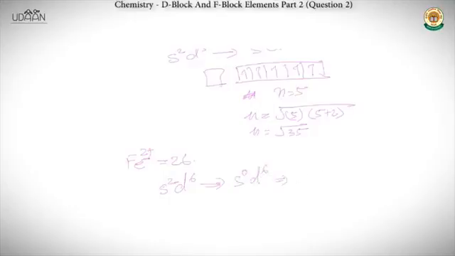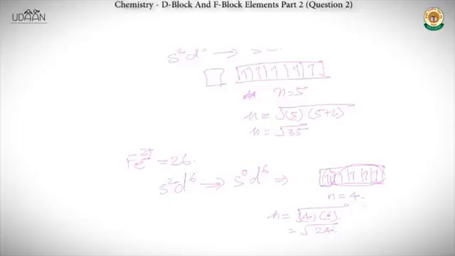So the d subshell will look like this: 1, 2, 3, 4, 5 and 6. So there will be 4 unpaired electrons, which means n is equal to 4. So mu is equal to under root of 4 multiplied by 4 plus 2, which is 6, that is under root of 24.